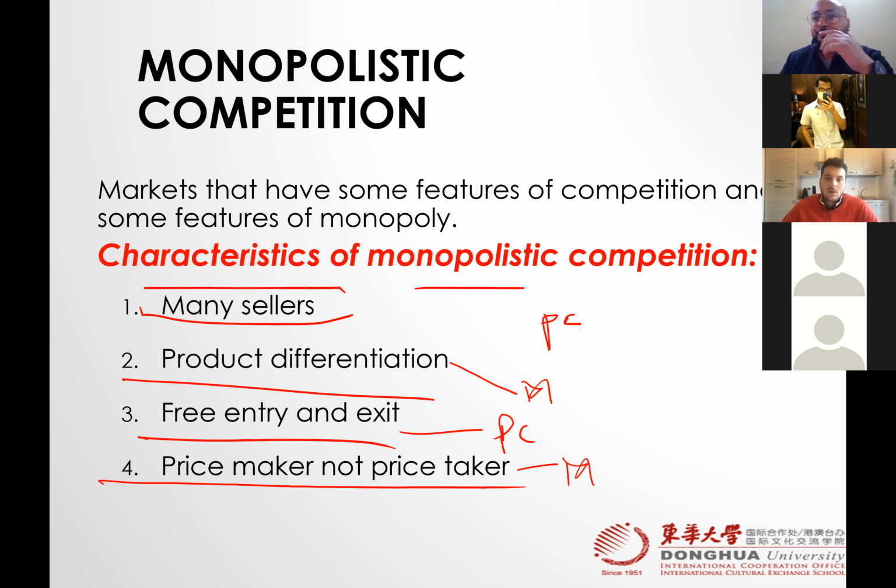So here, many sellers. For example, beauty soap. Those companies who make beauty soap, everyone is selling soap. Or the shampoo market. If you go to the market, Walmart, you see hundreds, more than thousands of brands and different flavors. All are shampoos, right? And every company's price is different, not the same.